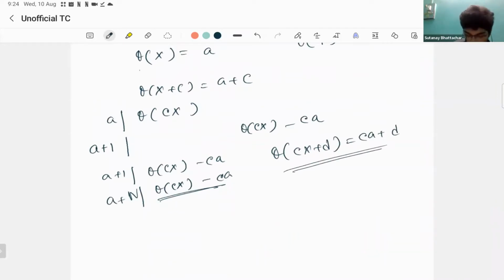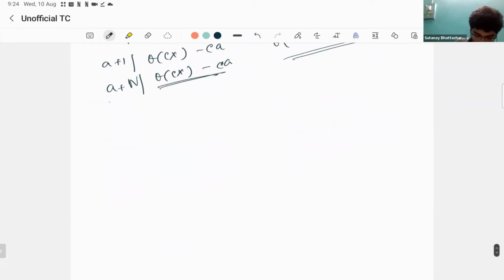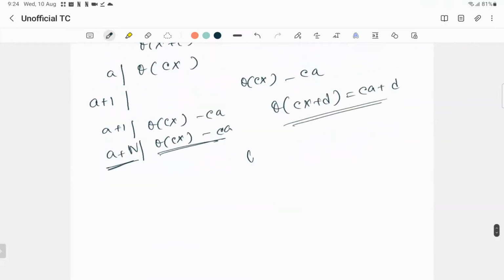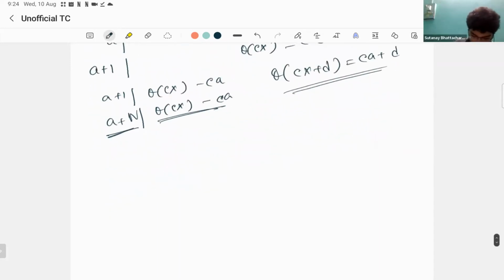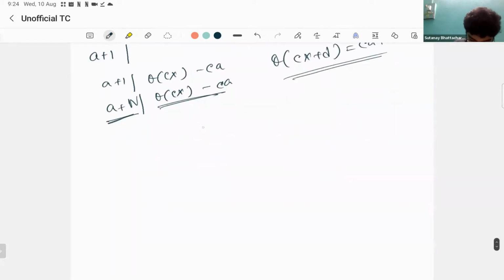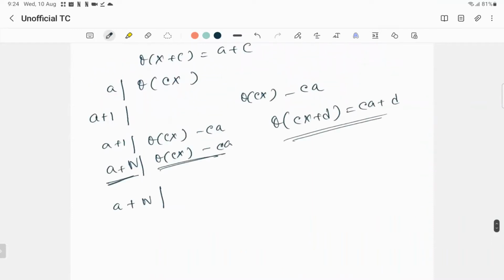Is everyone following this argument so far? Shouldn't it be a plus n divides theta of cx minus n times ca? Let me check the computation. No, the c just cancels, so it's just c.